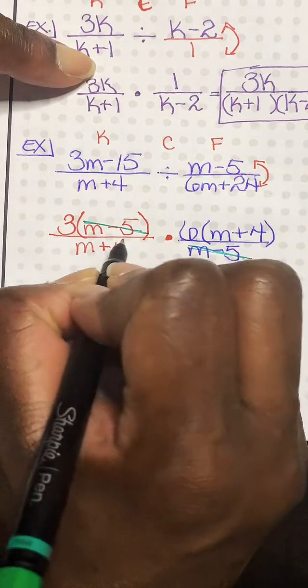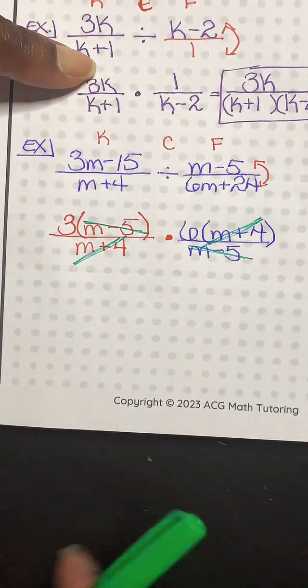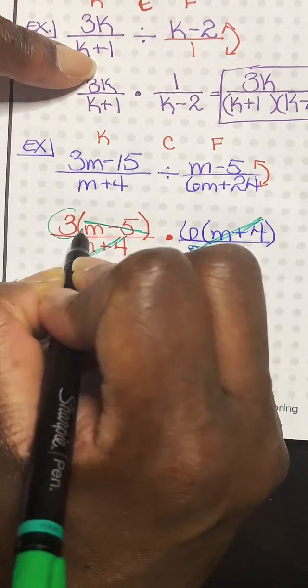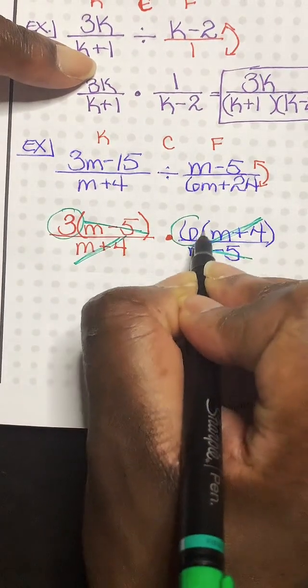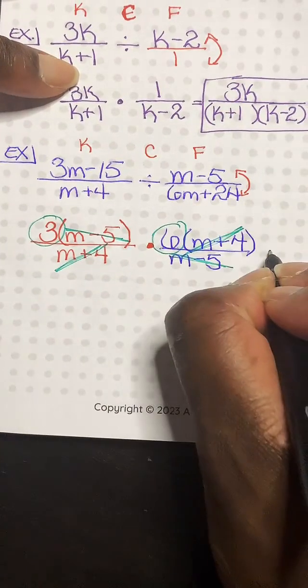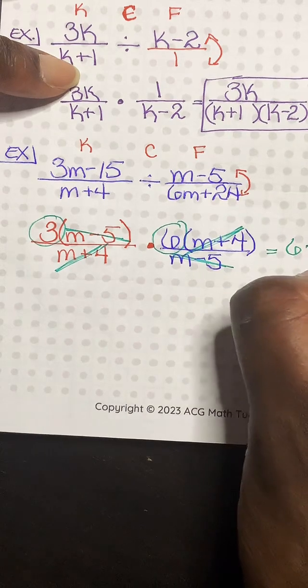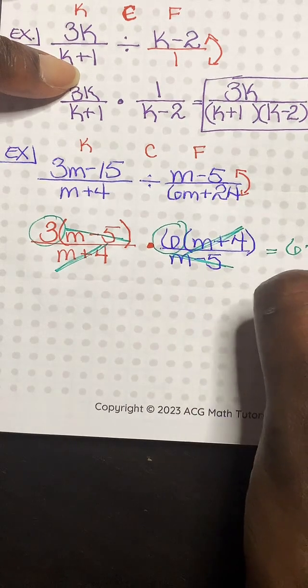Yep. The m plus 4. M plus 4 is gone. M plus 4 is gone. So it looks like the only things left over are the 3 and the 6. So last time I checked, 6 times 3 gives me 18.